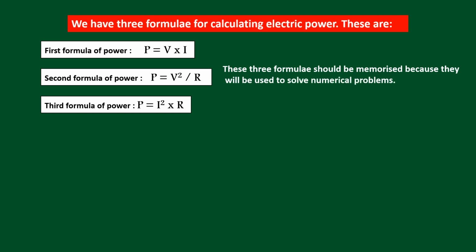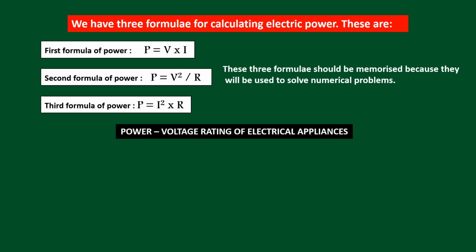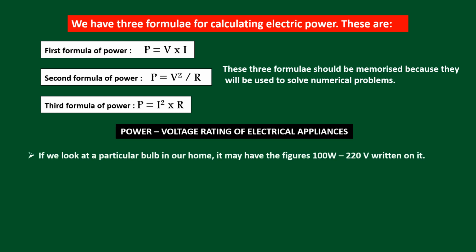Now let us see once what is power voltage rating of electrical appliances. If we look at a particular bulb in our home, it may have the figures 100 watt 220 volts written on it.